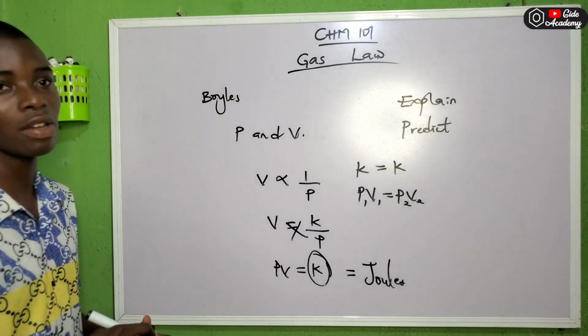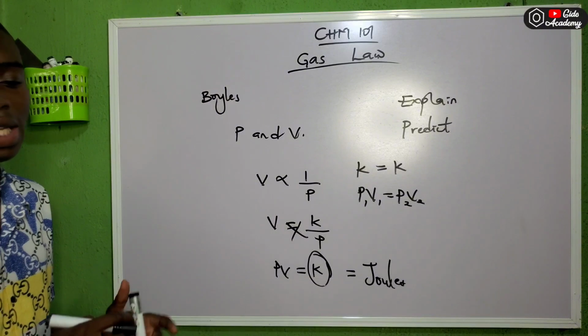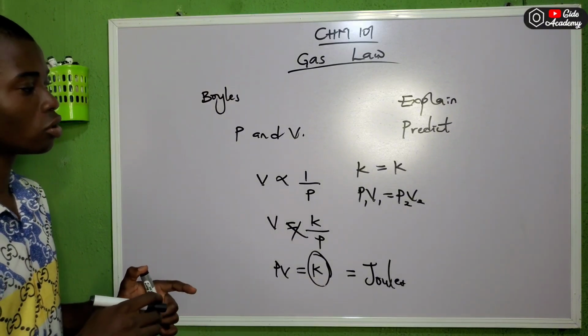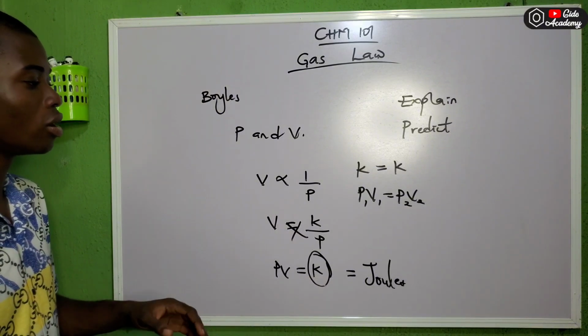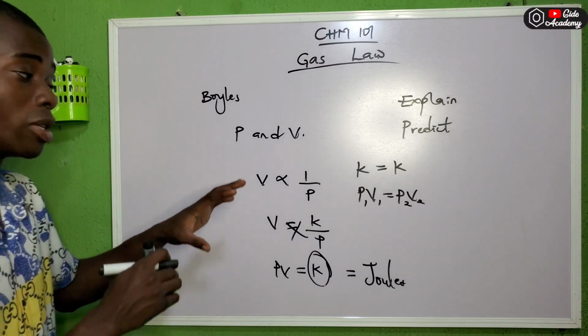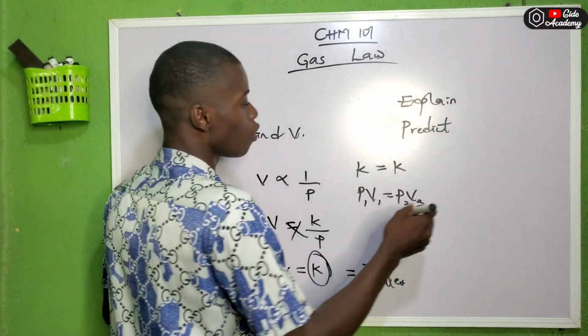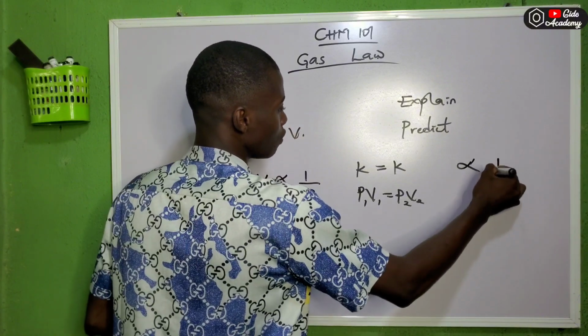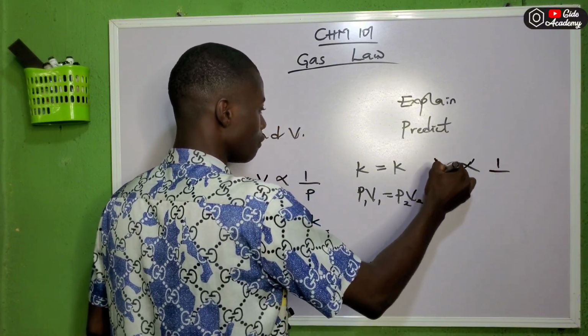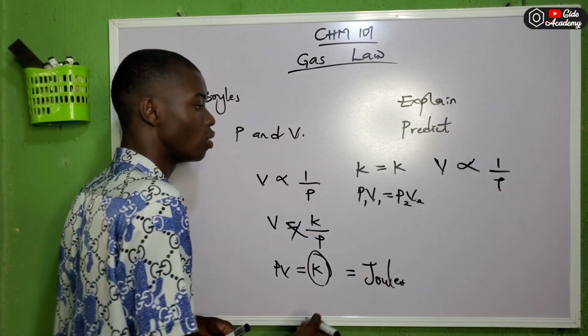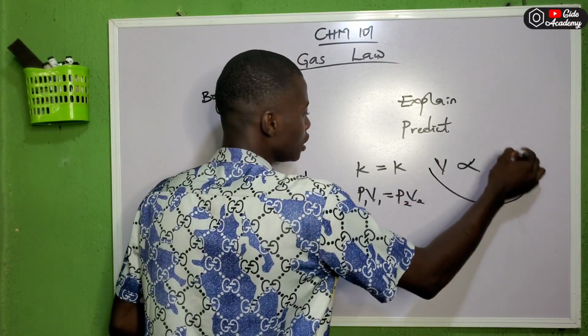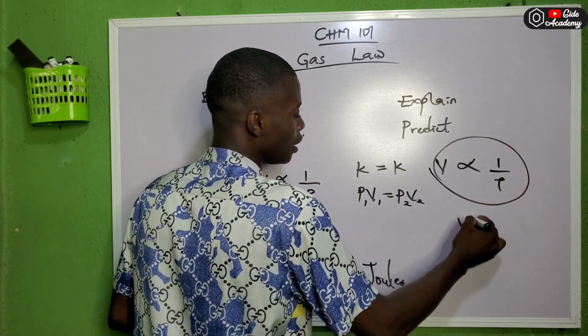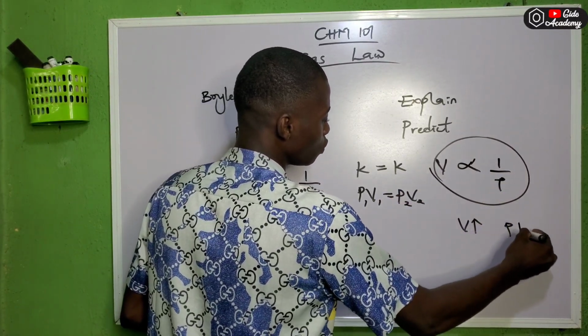There's something very important I want you to know in this episode, about how you can calculate Boyle's law. For an inverse variation, let's say V is inversely proportional to P, it tells you that whenever V increases, the value of P will decrease.